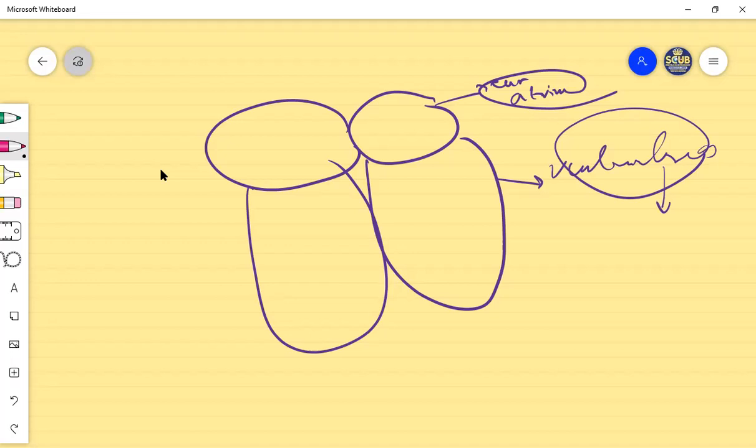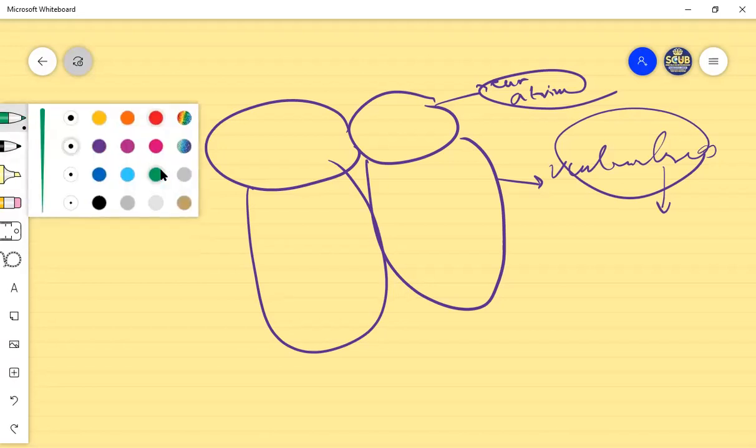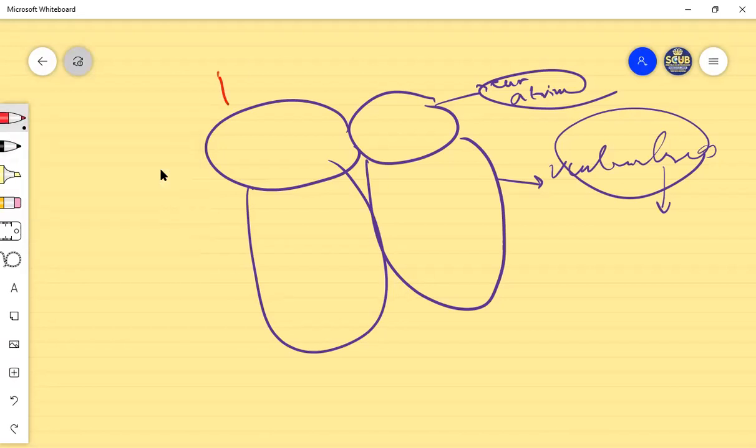Okay, so now we have here the right atrium. Always in medicine, in X-ray, anything, you imagine that you shake hands with the patient. So once you shake hands with the patient, this will be the right, this will be the left, okay? In the conduction system, there is something here.